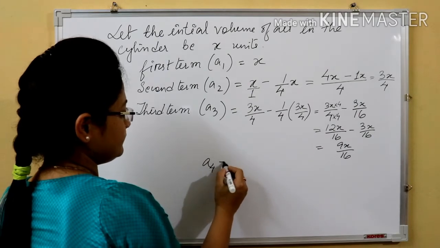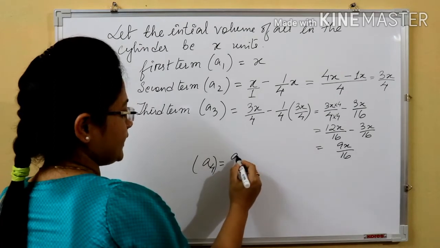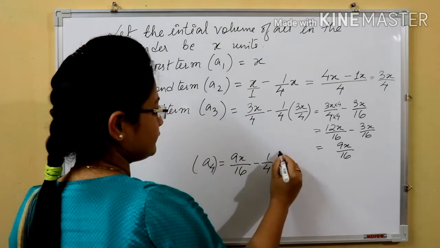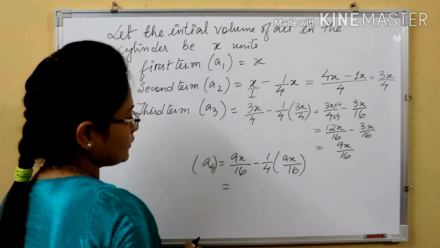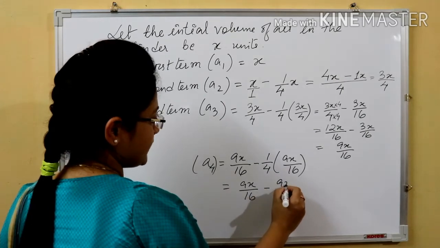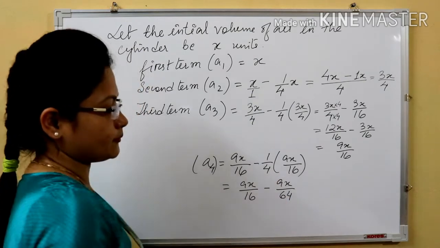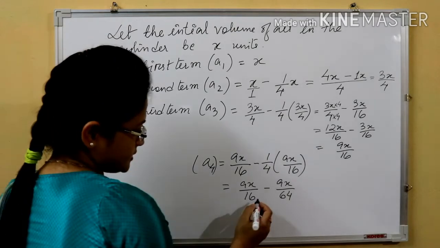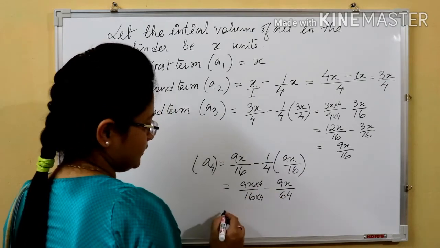Similarly, the fourth term: how to find it? 9x by 16 minus 1/4 of 9x by 16. So 9x by 16 minus 9x by 64, and we know in the 16 table we get 64. That means 16 into 4 gives us 64, which will be multiplied with both numerator and denominator.